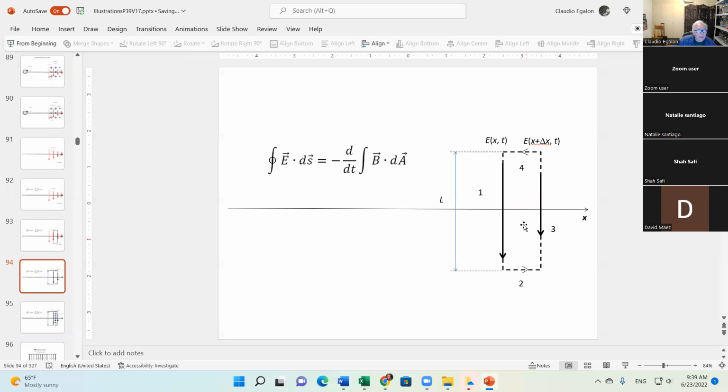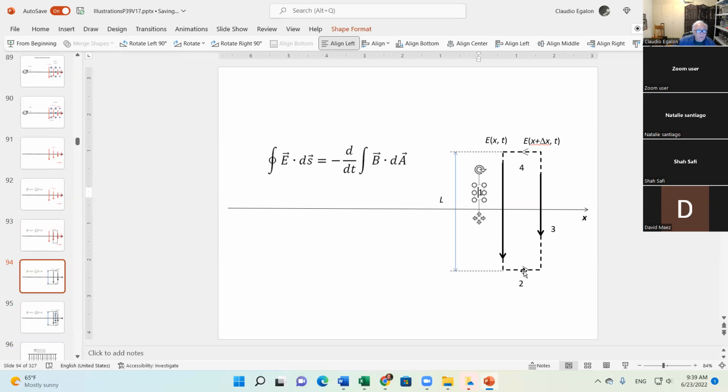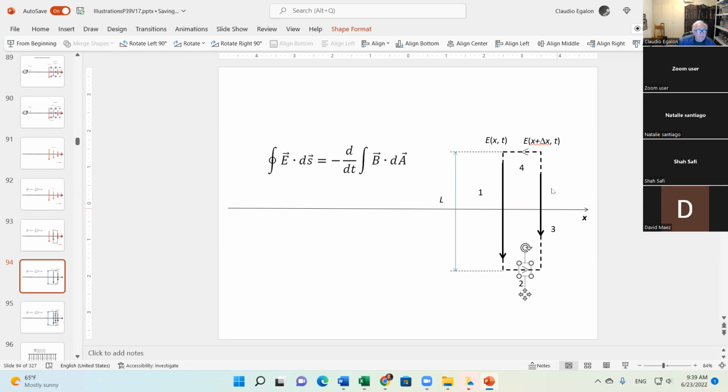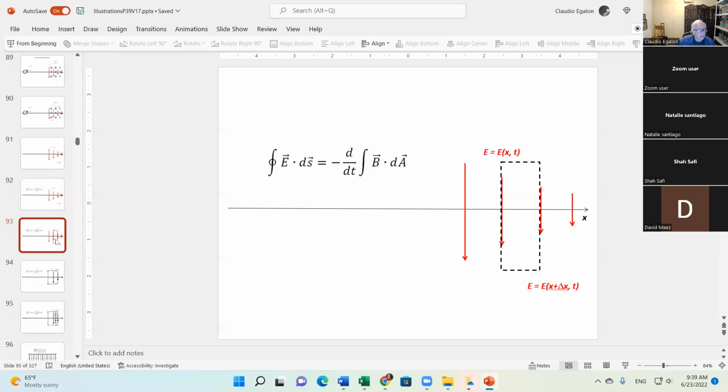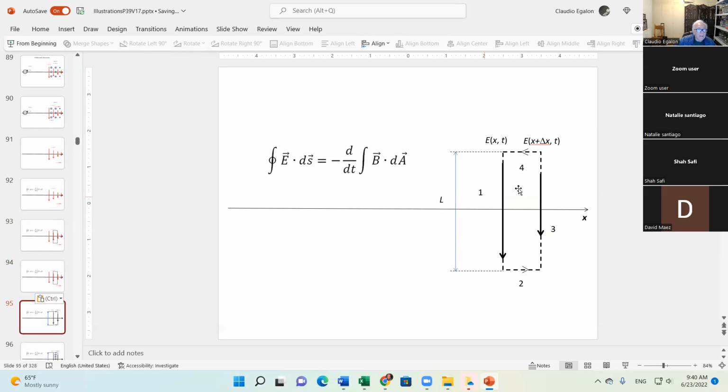Right, and I'm going to label also. Not just label. First, let's get the direction of the loop. And then we label the arms of the loop as well.